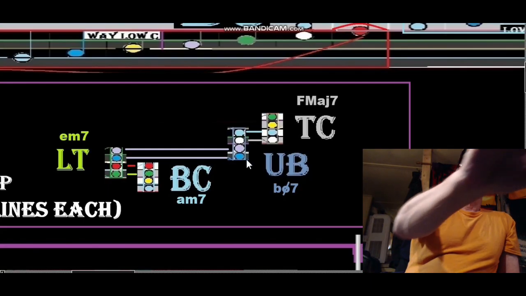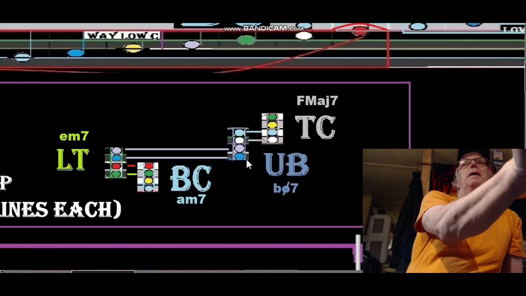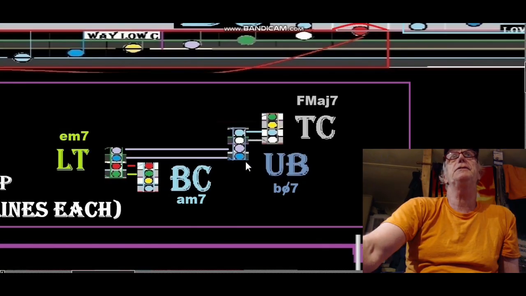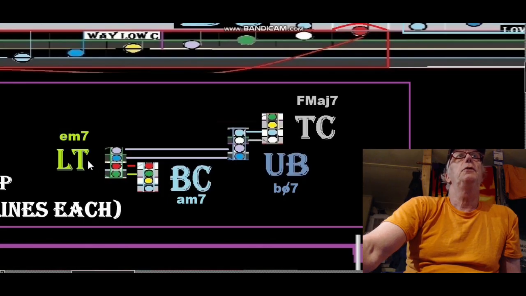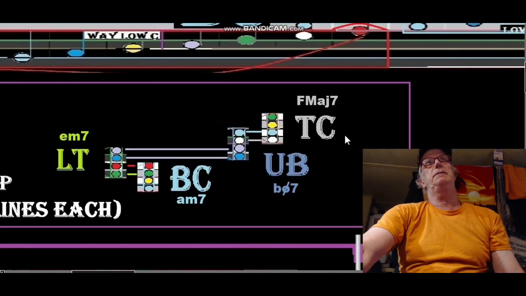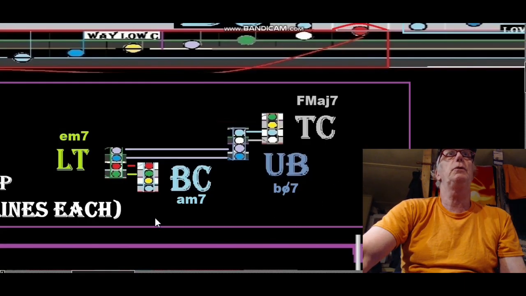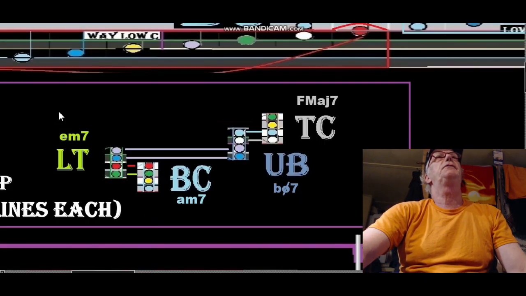If you take 2 of those notes from the F major 7th, basically the A and the F, then you've got B half diminished 7th starting on that B. So the upper bass clef shares 2 notes with the treble clef, and the bass clef shares 2 notes with the lower treble clef. Just get a copy of that little diagram, and that's how it works. There's the 2-note overlap. That's where you get the offset.